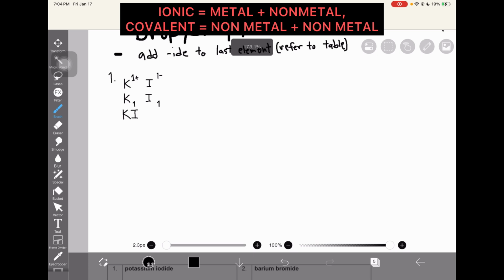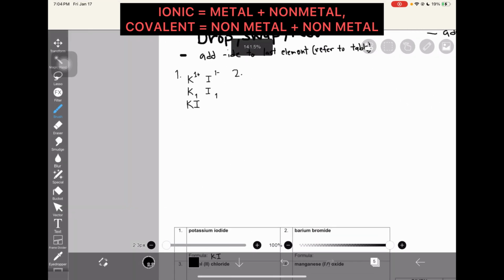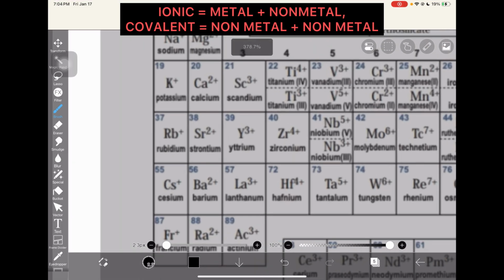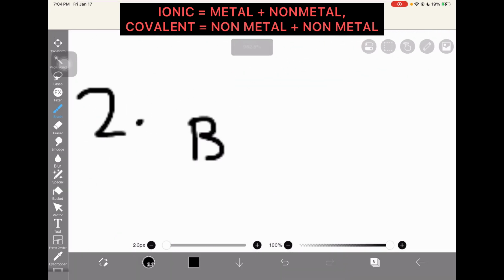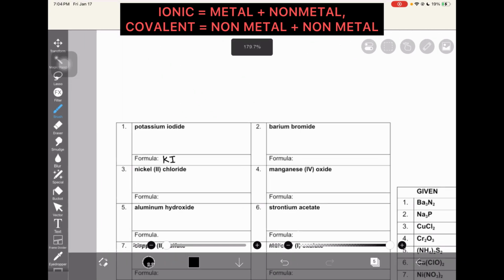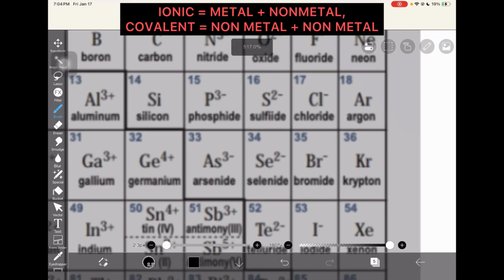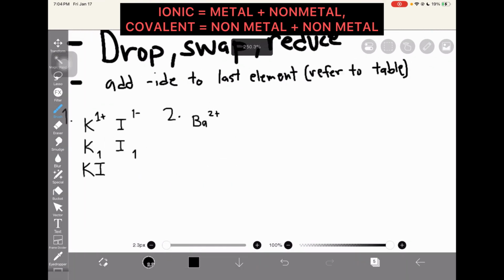For number 2, barium bromide. Barium is over here and has a charge of 2 plus, so we write Ba 2 plus. Then we have bromide, which is Br minus, or just 1 minus.